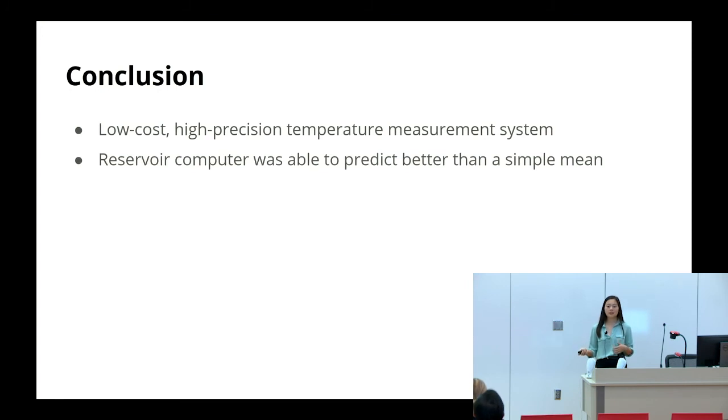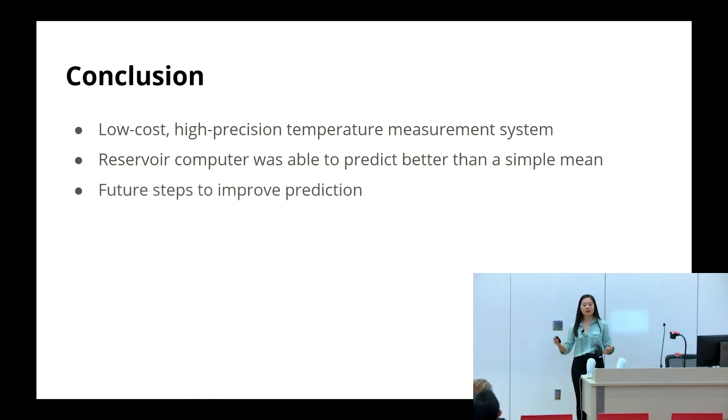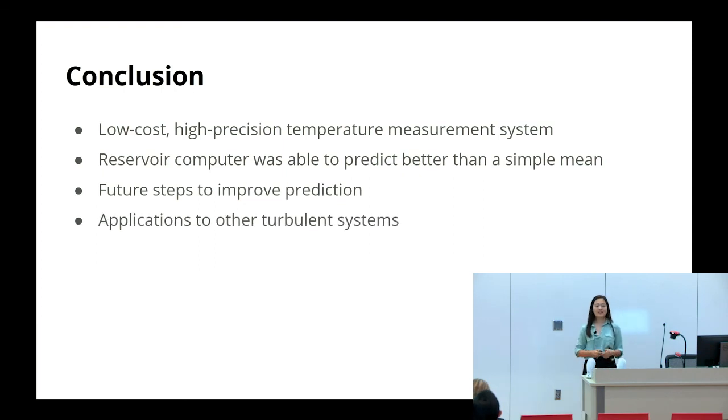What we can get from this is that, since inference is basically local prediction, installing more thermistors at multiple locations, basically all around my apparatus, would improve the first prediction task that I tried. This has many applications to improvement of other machine learning methods for prediction of turbulent systems like the weather.